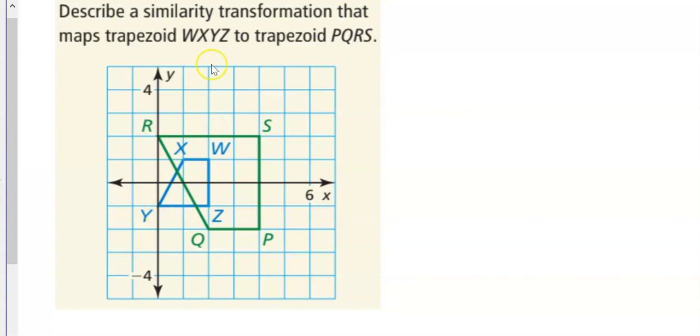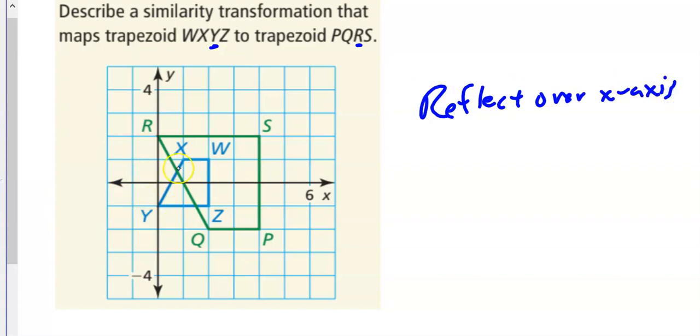I'm actually going to take a look at Y, which then maps onto R. So it does a few things. Hopefully you see that, yes, it's going to flip it. It's going to reflect it over the x-axis, because the general shape, the slant, is flipping over this x-axis here. But we clearly have a dilation.